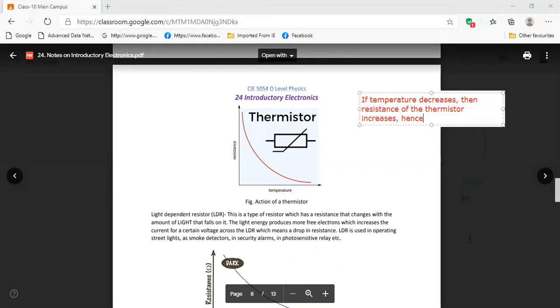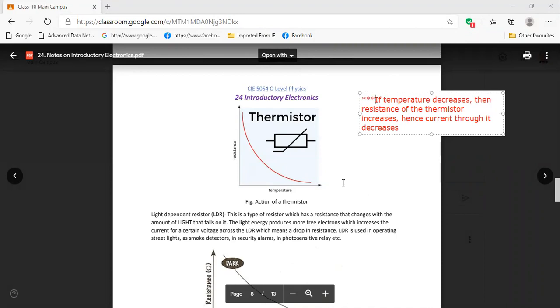Hence, current through it decreases, right? Is it clear? Yes, sir. So, beside that drawing, this graph, please write it. All of you, please write.